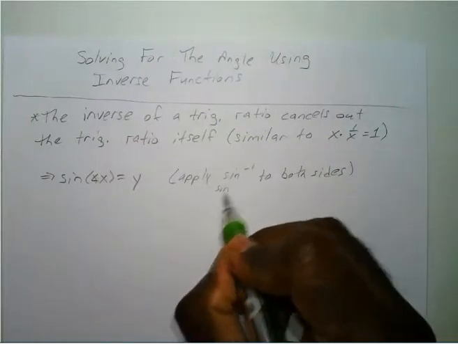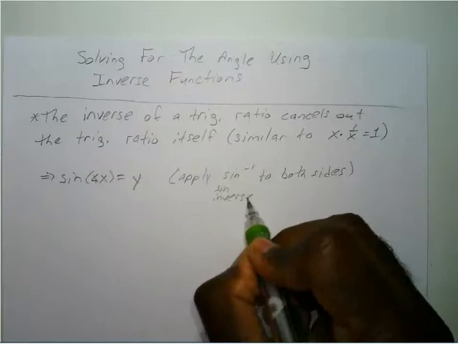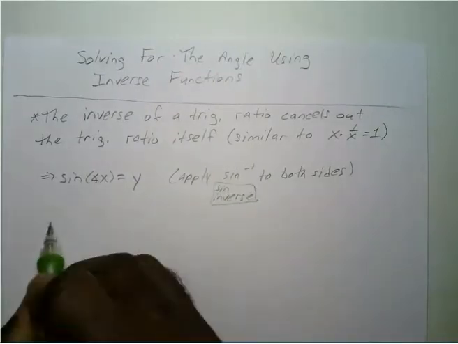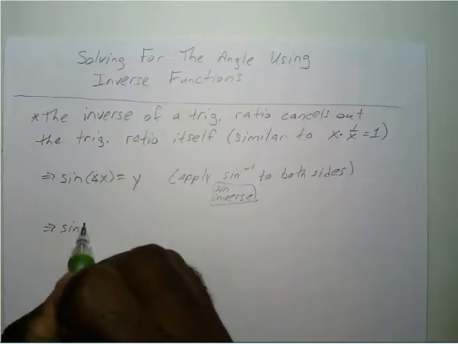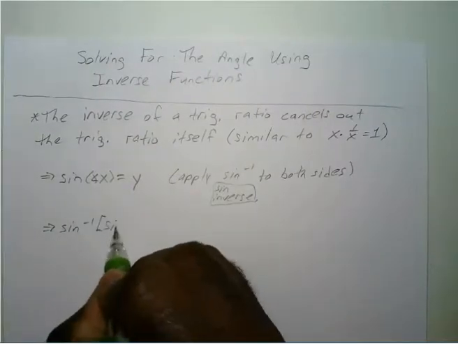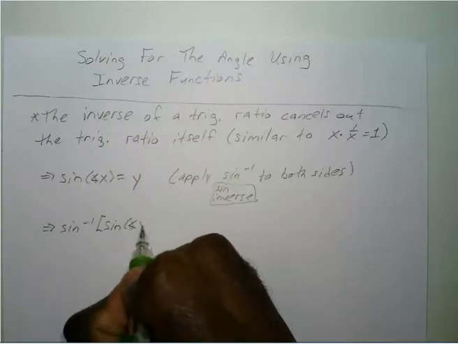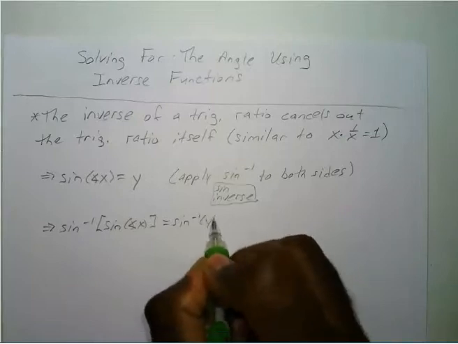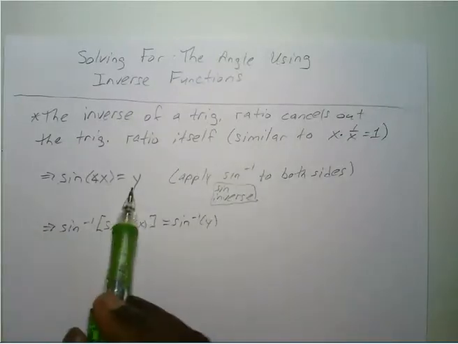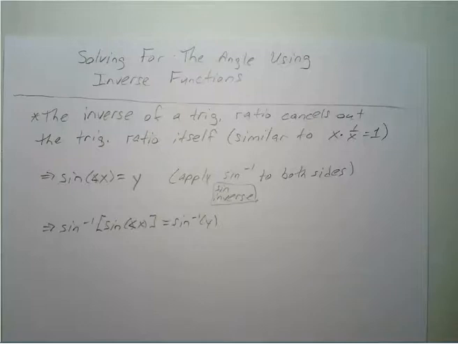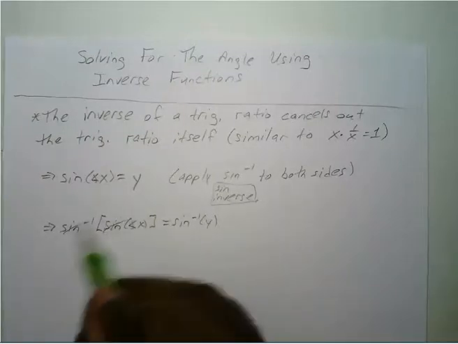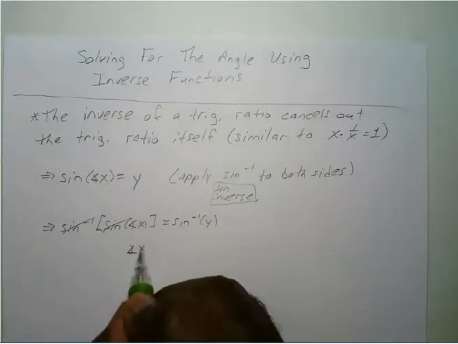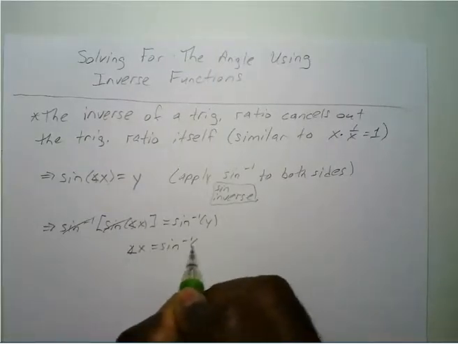So we have sine inverse of sine of angle x equals sine inverse of y. We applied sine inverse to this side and sine inverse to this side. The sine and the sine inverse cancel each other out. So you have angle x equals sine inverse of y.